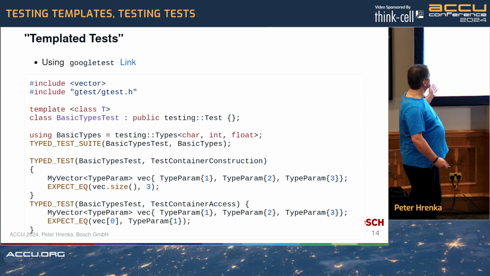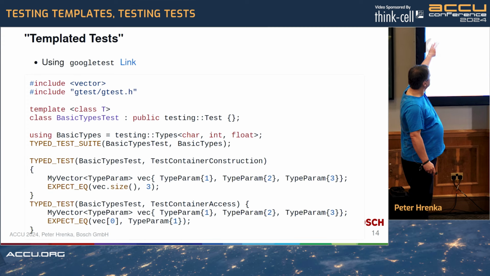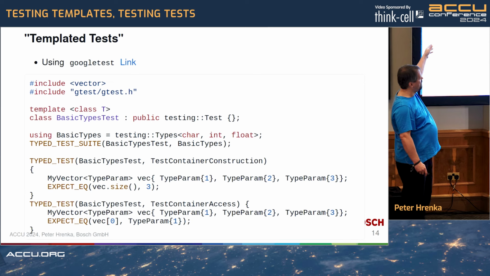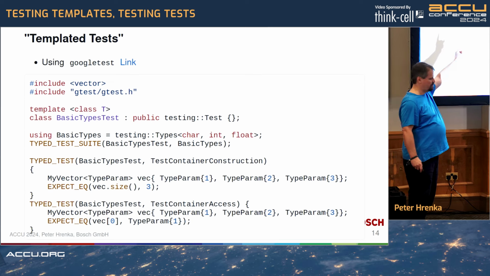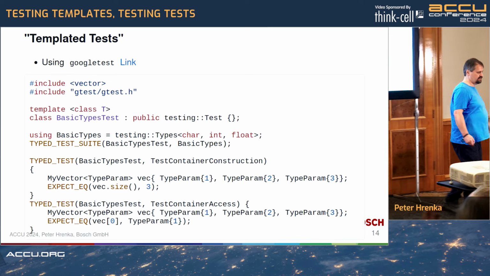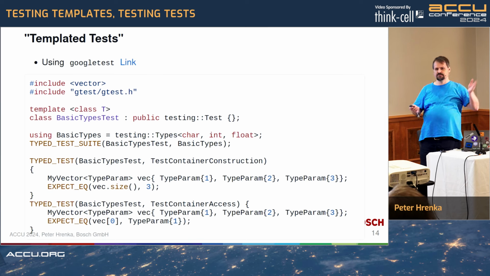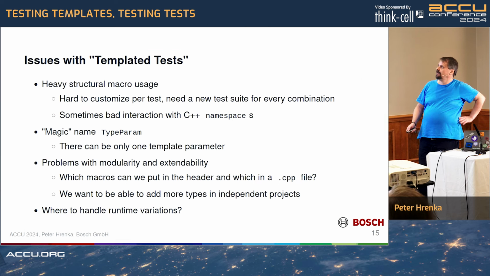So what will this do? Basically, all these are also implicitly template classes that get instantiated somehow with all these different types that are above. So I would say this solves part of my problem, that I want to have different types tested. So in one dimension, we're kind of clear.